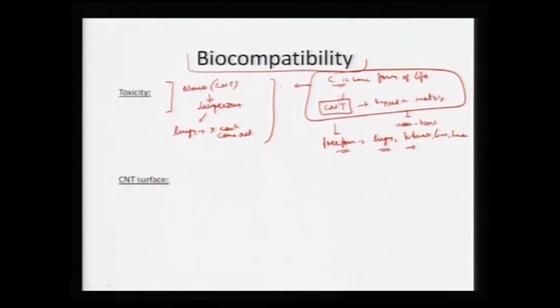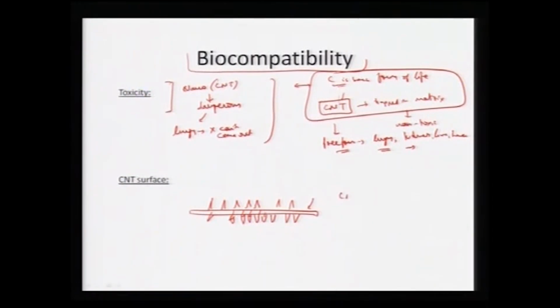And apparently, some researchers have also shown that a carbon nanotube can allow the precipitation of apatite. Apatite is nothing but the mineral part of the bone. Researchers have seen that apatite can really grow on carbon nanotubes as well.